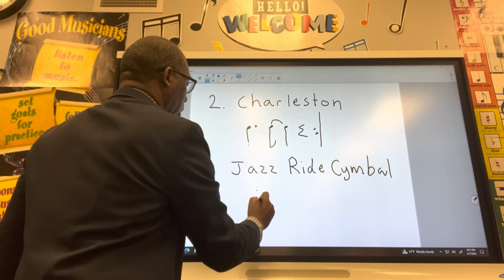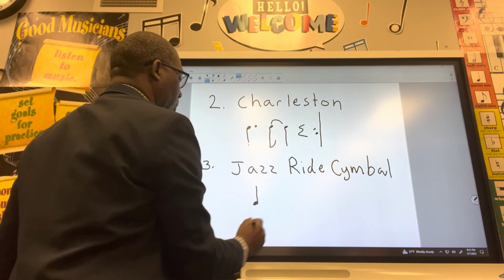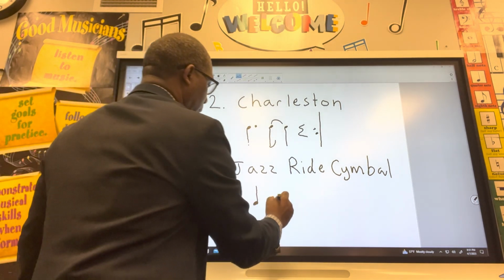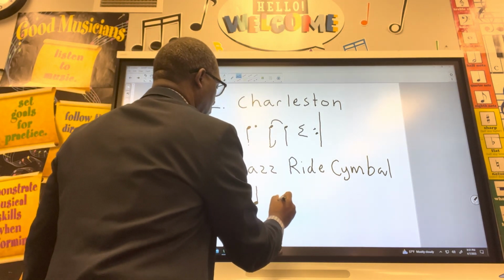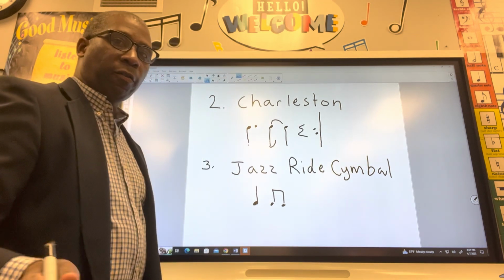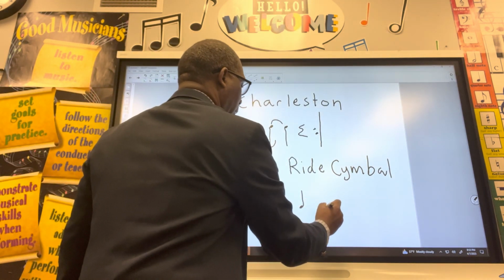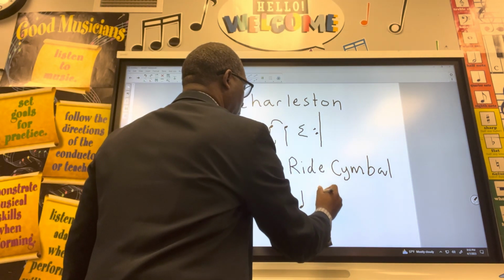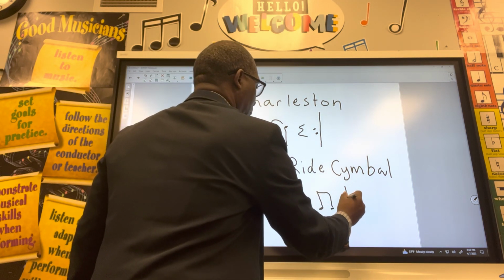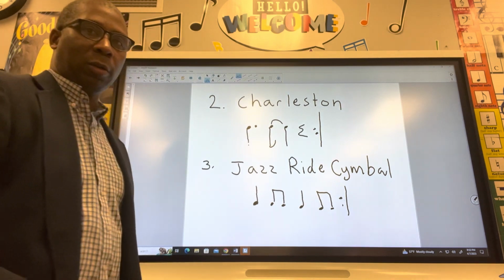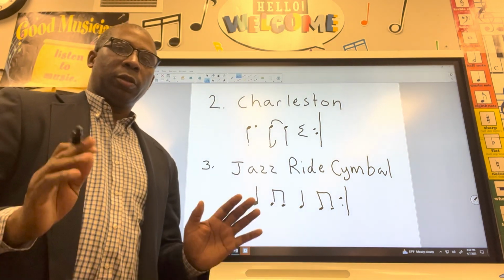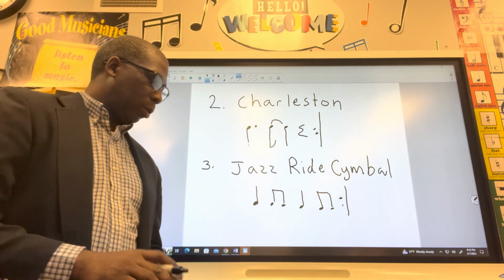It's going to be a quarter note first. That's better. Followed by two eighth notes, followed by another quarter note, followed by two eighth notes. And then we put a repeat on it. Your students will really enjoy doing this rhythm.